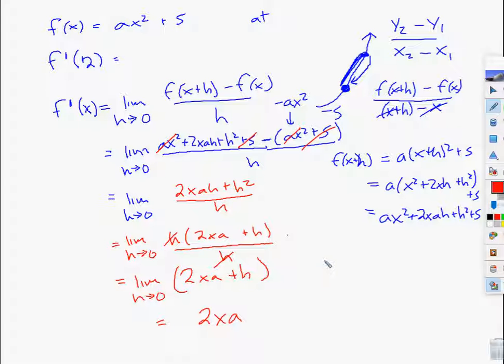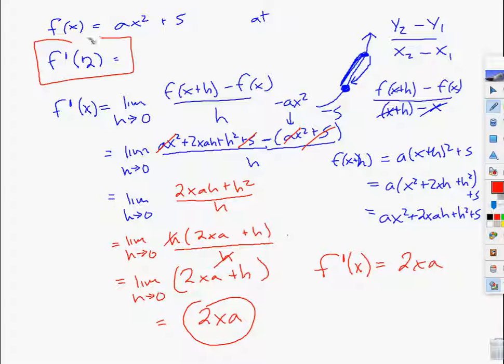So now I have my equation for my derivative. The equation for my derivative is this, 2xa. And I want to evaluate that derivative at 2. So I put a 2 in for x, not for a. And I get 4a.